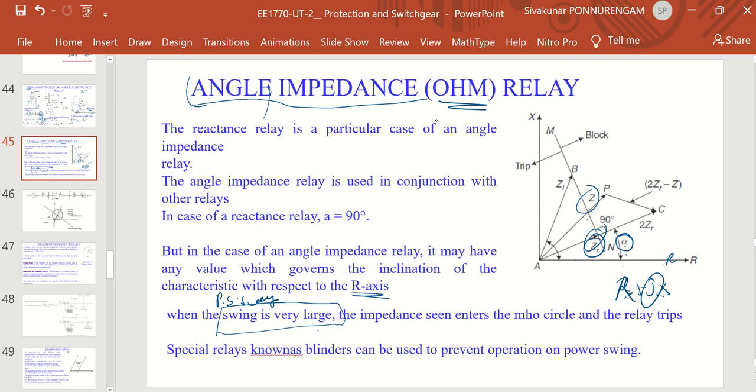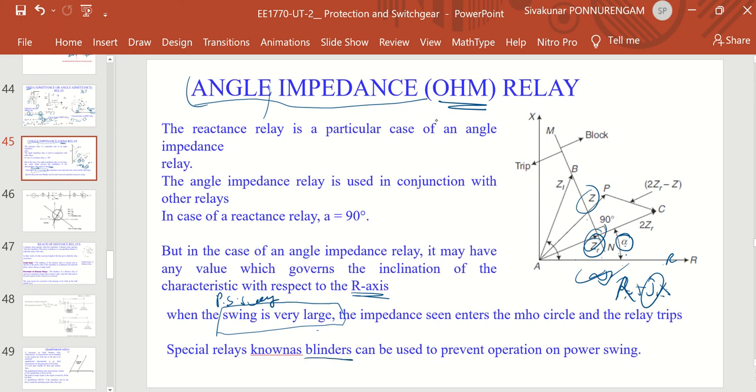So based on that swing value, we are going to change this alpha value, and then retain the position. This is known as blinders. A special relay known as blinders can be used to prevent the operation during a power swing.